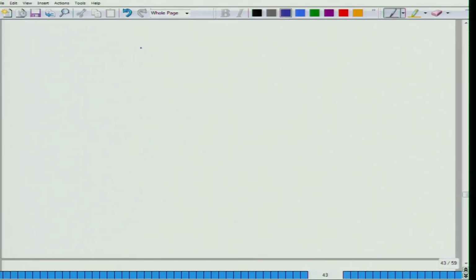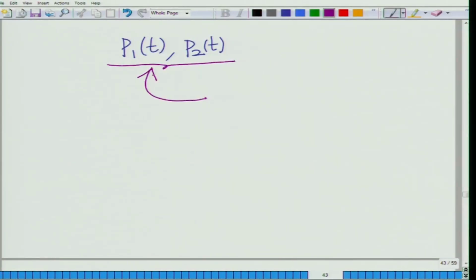Now, what we say is these two pulses, P1(t) and P2(t), are the basis functions.